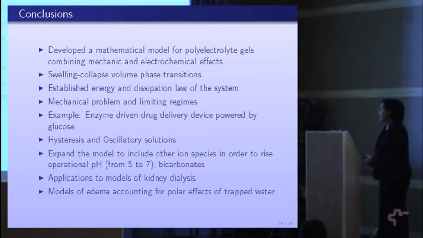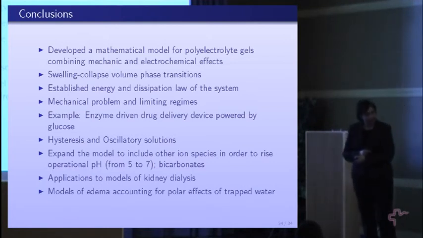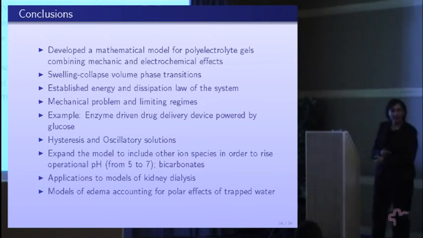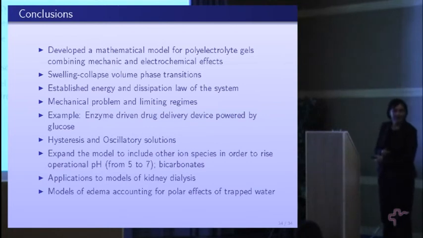So we are now trying to replace the marble, accounting for other types of ions and compounds like the bicarbonates in the body. So far, we haven't had any luck increasing the operating pH. So in a way, we have to get back to the drawing table and see if with different kinds of ions we could get a better operating pH.